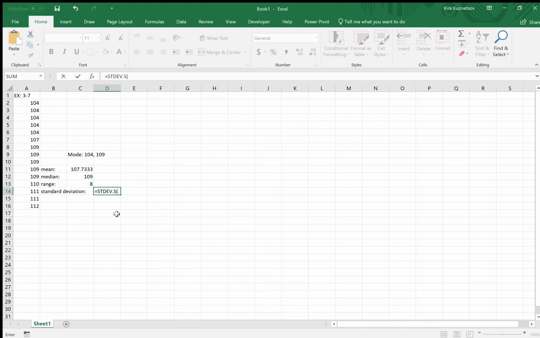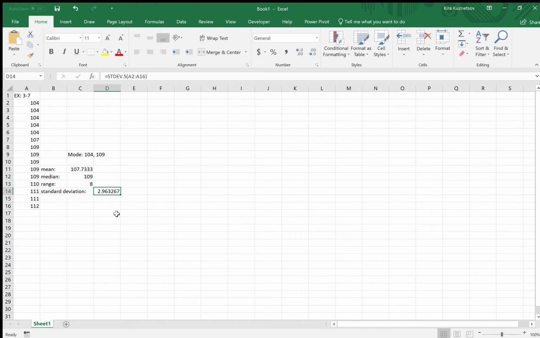So I'm going to click on this guy, and A2 to A16, you can see that it highlighted the whole thing. Close the parenthesis, push enter, and you have your standard deviation correct to however many decimals fit in the cell.